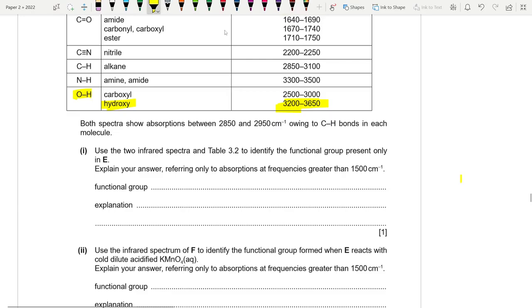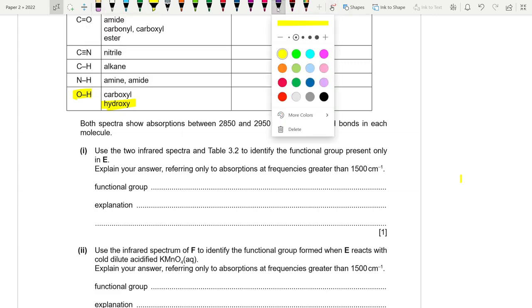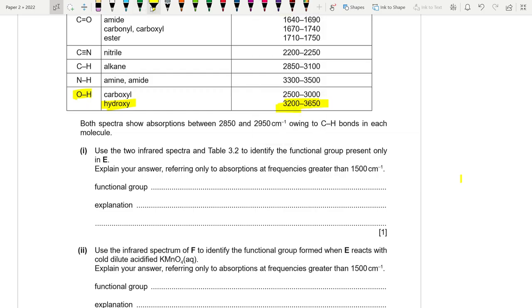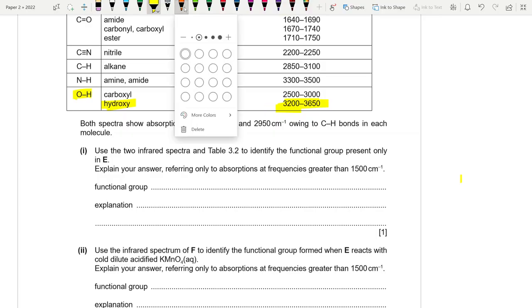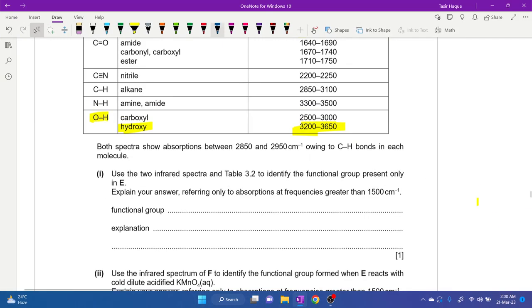So yeah, here we just refer to the bond at 1500, which is the C=C double bond.